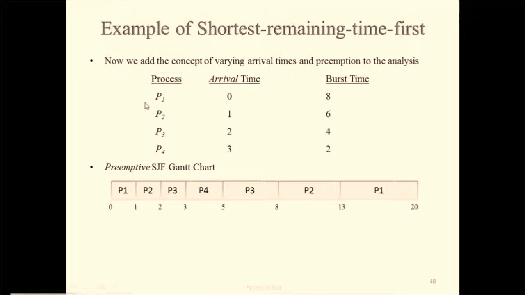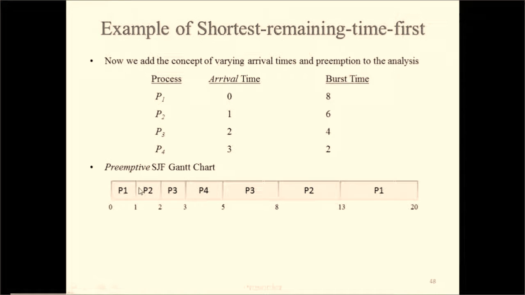So at 0, what is the situation? Only P1 is there. No other competing process is there. Irrespective of looking at its burst time, P1 will be scheduled. So P1 is scheduled, and for one unit of time P1 is not disturbed. P1 continues to use the CPU for 1 unit of time.